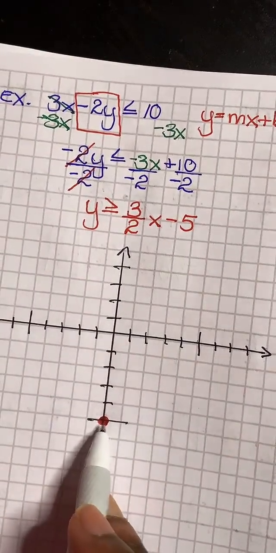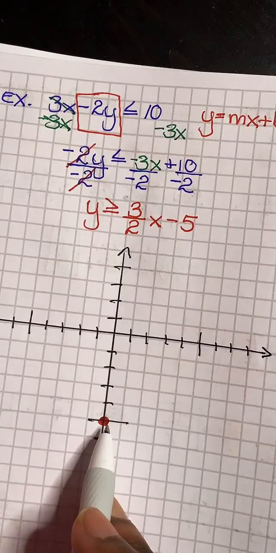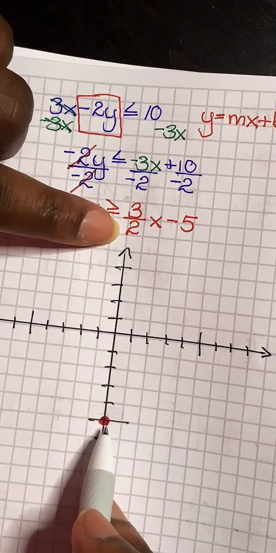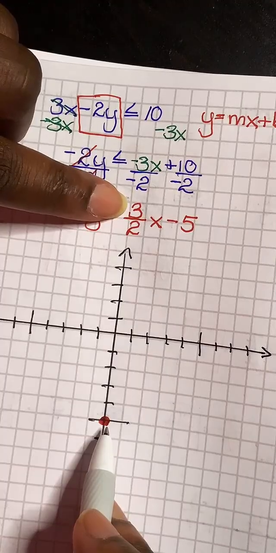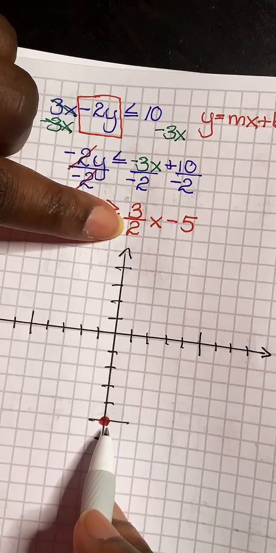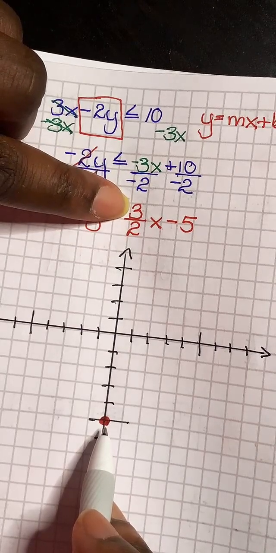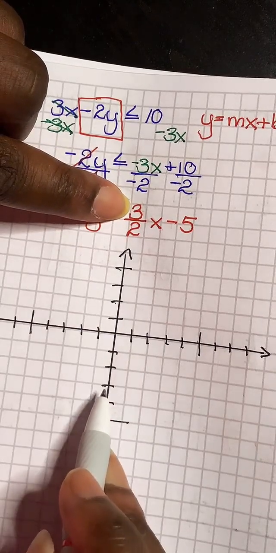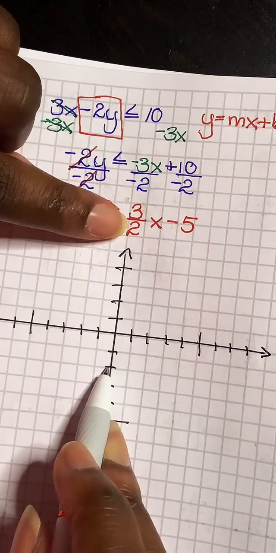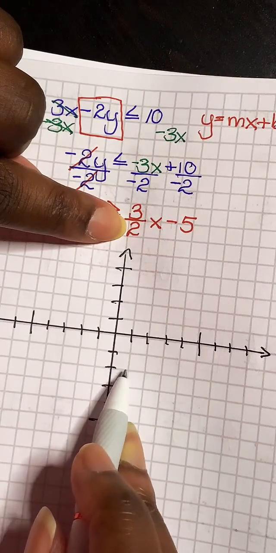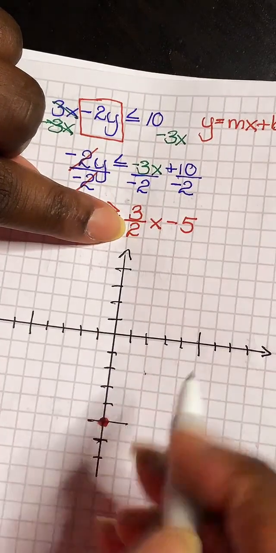So Heaven, this is why it's a lot easier. We're looking at my slope. The slope is rise over run. So I'm going to go up 3, 1, 2, 3, and I'm going to go to the right 2, 1, 2, and make my point.